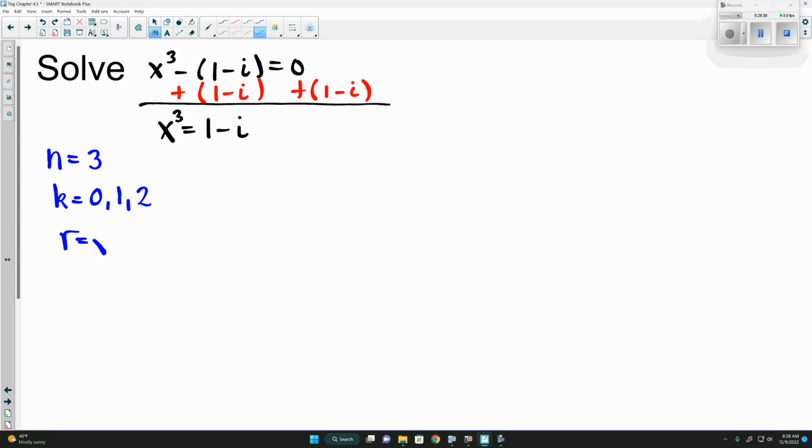R is going to be the square root of 1 squared plus negative 1 squared, which is the square root of 2. Not nice. And theta is going to be tangent inverse of negative 1 over 1.